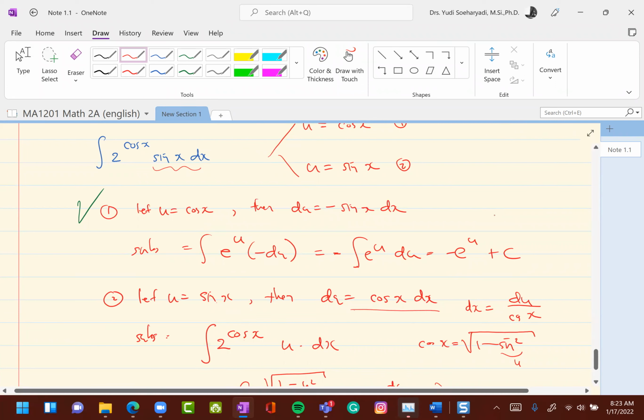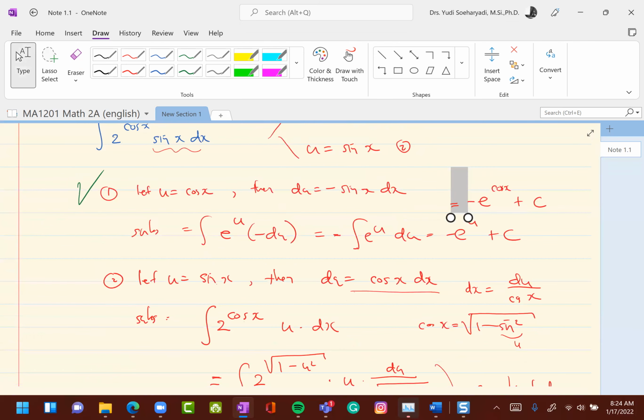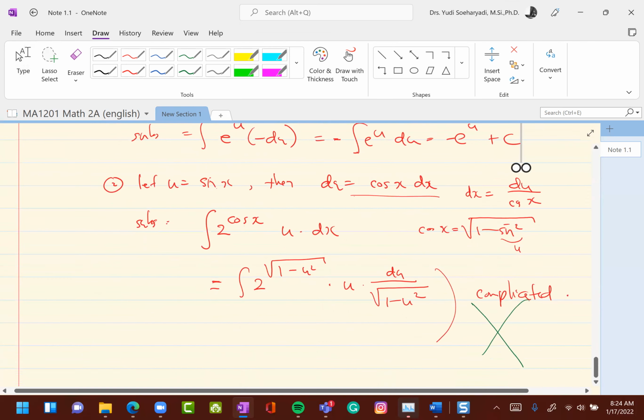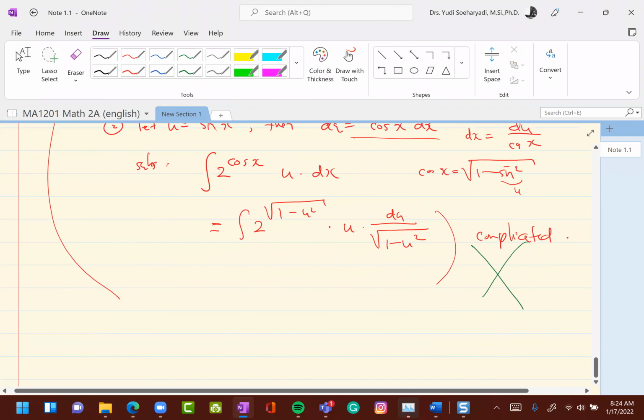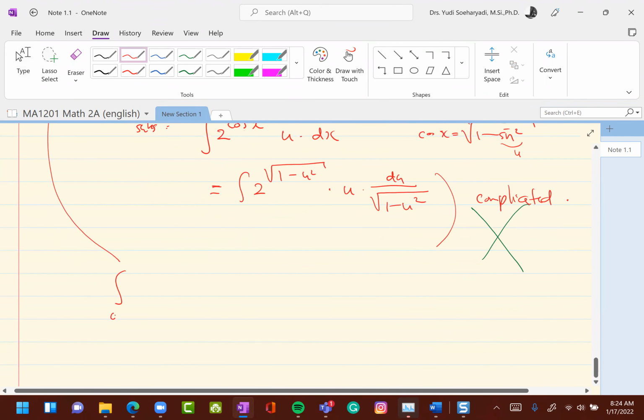Sorry, let's see. What we are doing here is the indefinite integral, right? So let's see, from 0 to pi over 6. Let's complete this one. Sine.